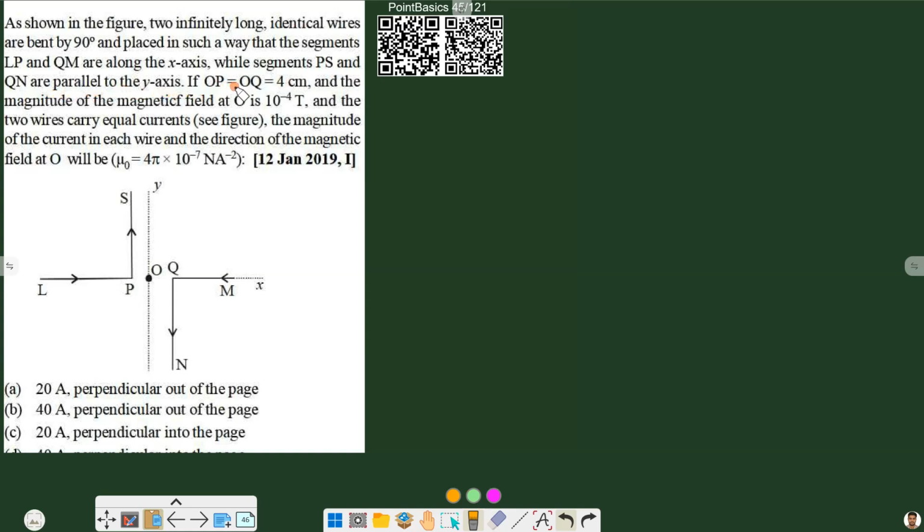If OP is equal to OQ, this distance OP and OQ is equal to 4 centimeter, and the magnitude of magnetic field at O is 10 raised to power minus 4 Tesla, and the two wires carry equal current I in both.